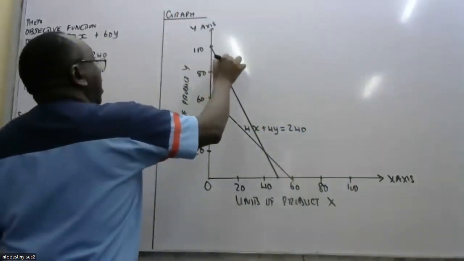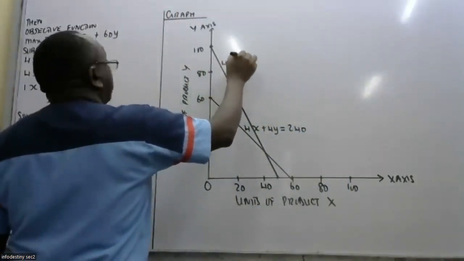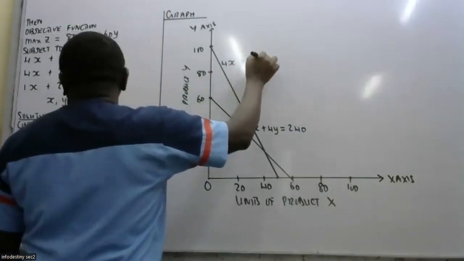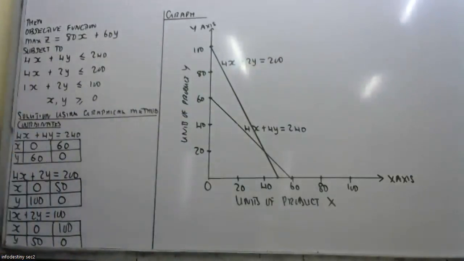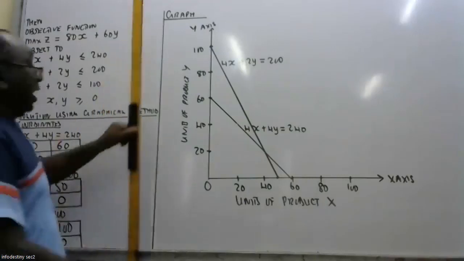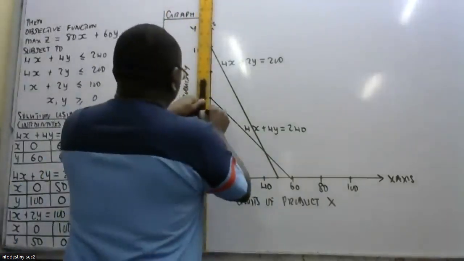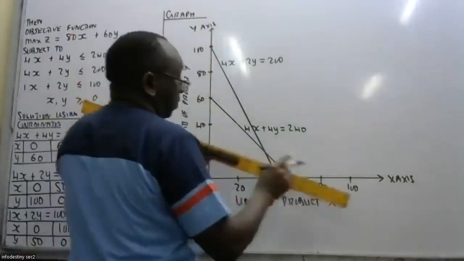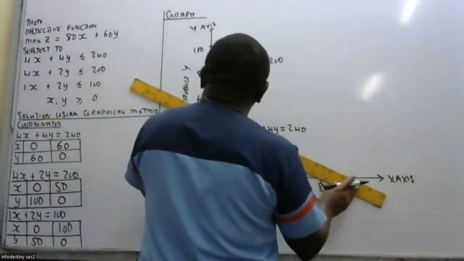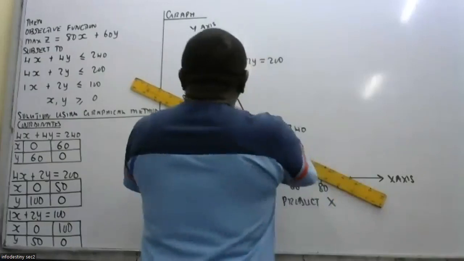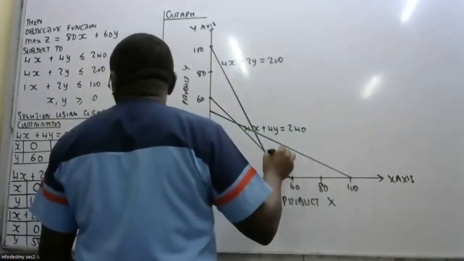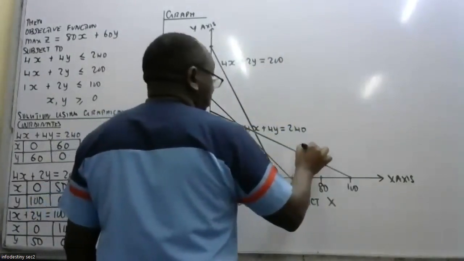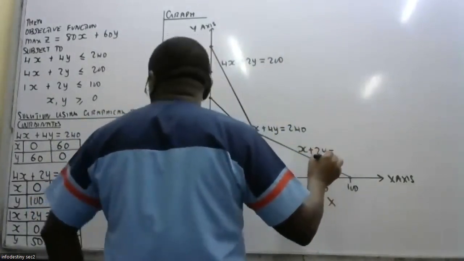So this is 4x plus 2y is equal to 200. Then the other one, 50 and 100. So this is x plus 2y is equal to 100.